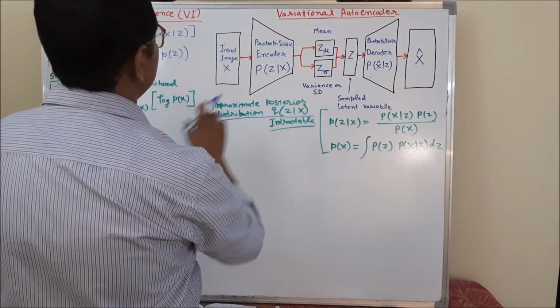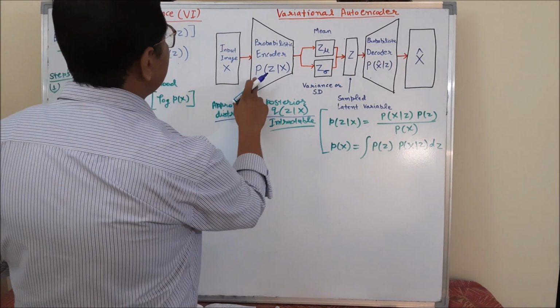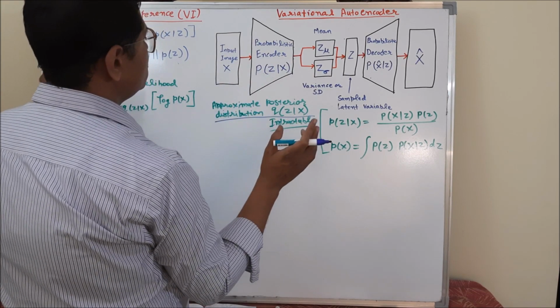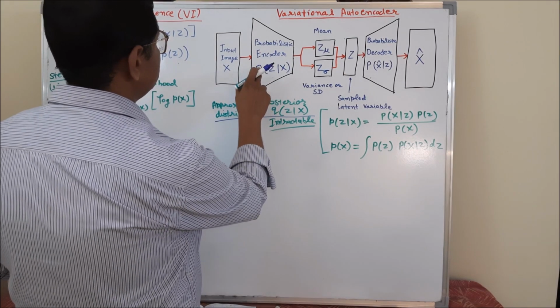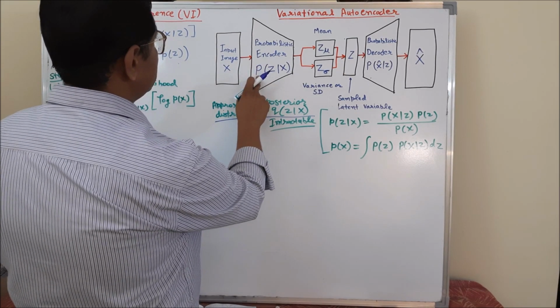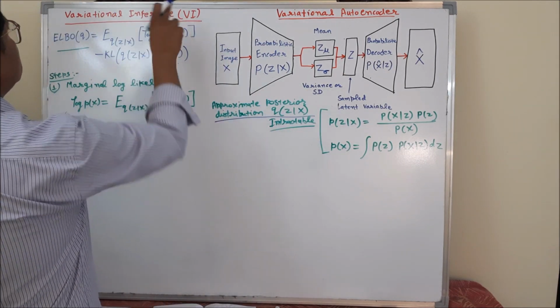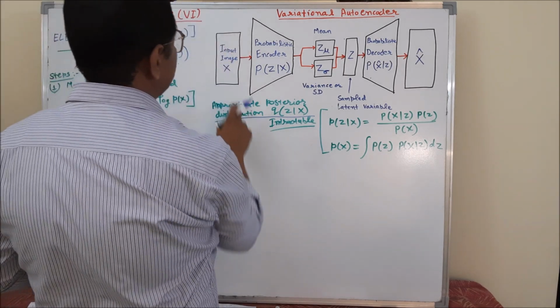We need to minimize the dissimilarity, that is, maximize the similarity between the approximate posterior and the true posterior. This mapping is known as variational inference, and that's why variational inference is very important.